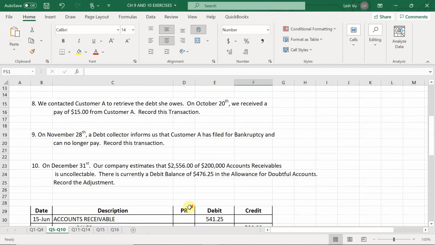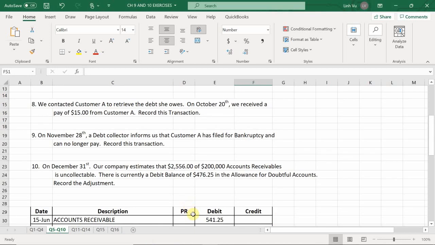So last but not least, question number 10 says that on December 31st, a company estimated that $2,556 out of its $200,000 accounts receivable is to be uncollectible. There's currently a debit balance of $476.25 in the allowance for doubtful accounts account.